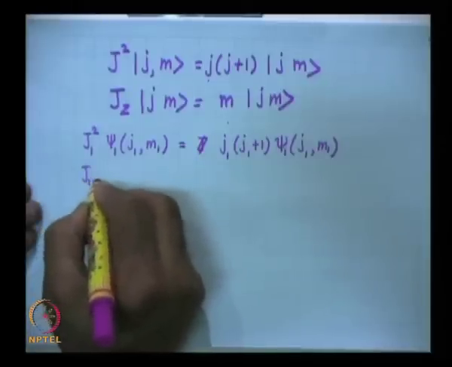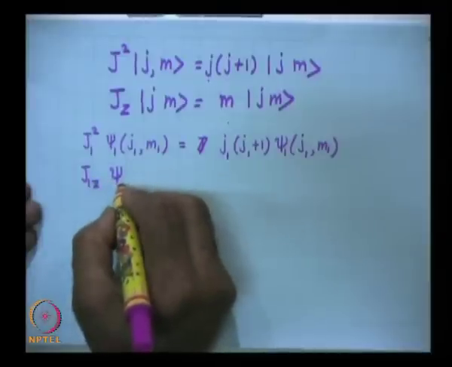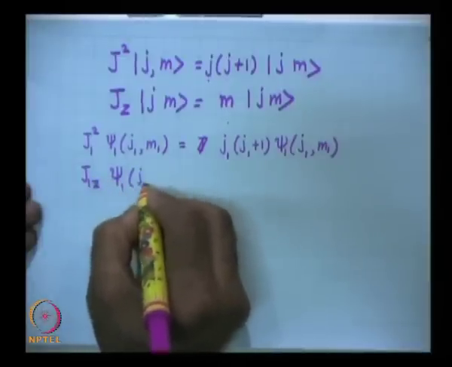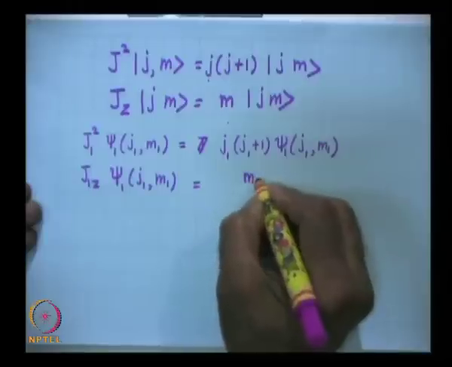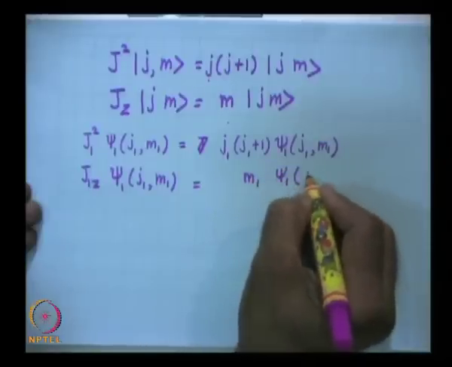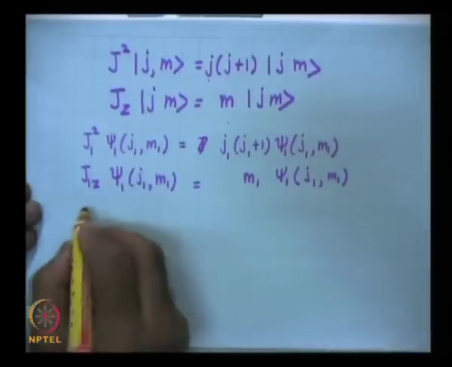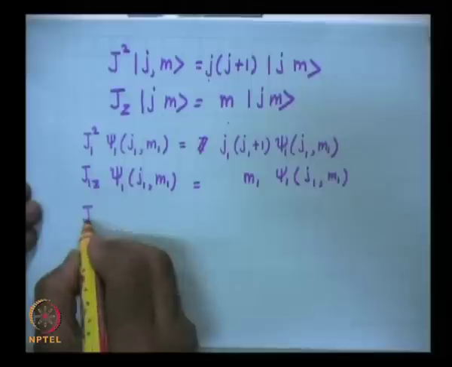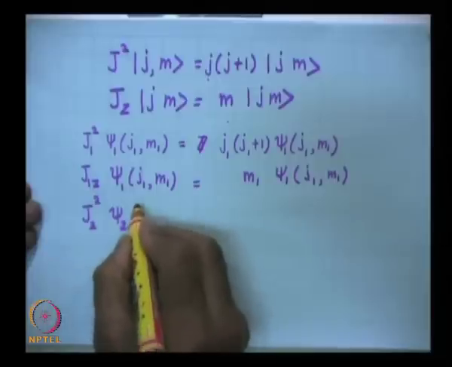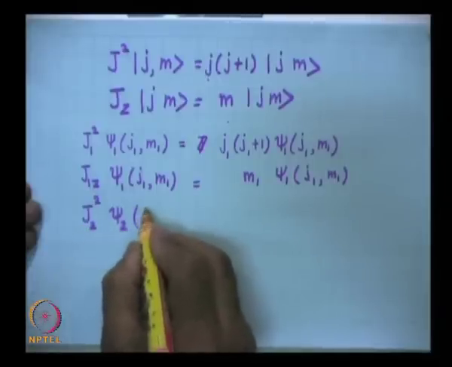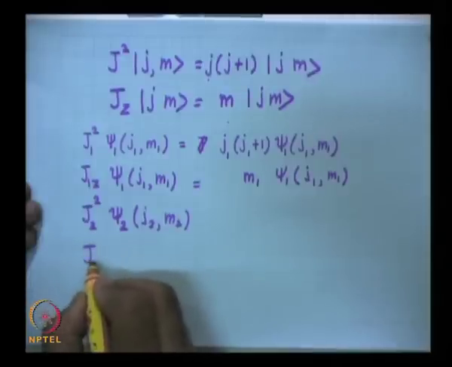J1z psi 1 is an eigenfunction of J1z also, so I write J1z psi 1 |J1 M1> is equal to M1 psi 1 |J1 M1>, and similarly, let psi 2 be the eigenket of J2 square and J2z.